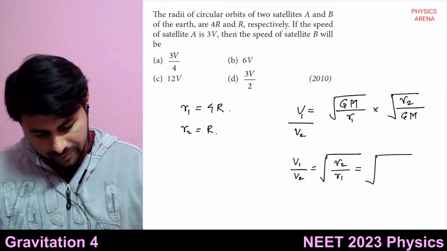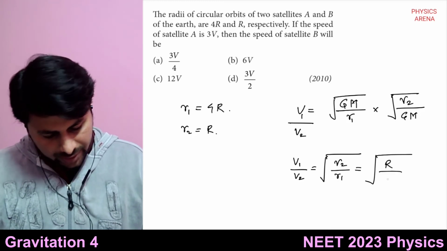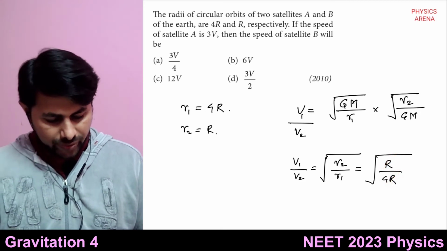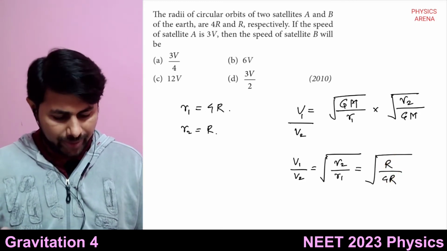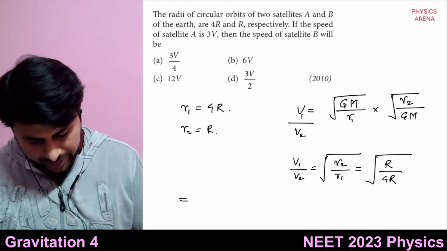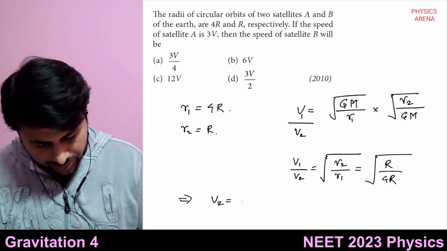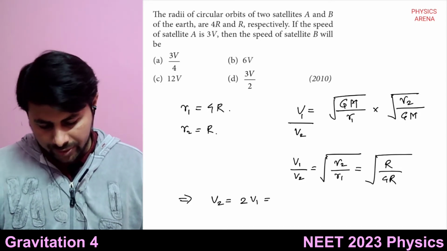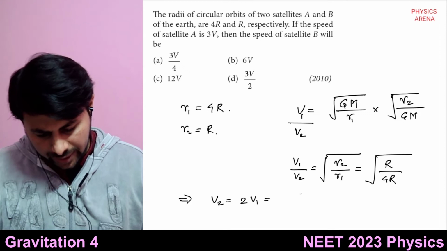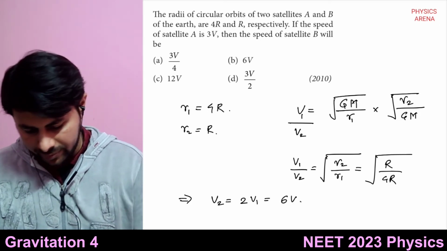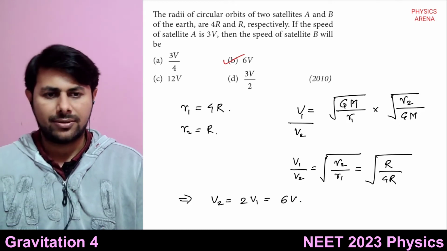That is r2 is r, r1 is 4r, r and r get cancelled. v1 upon v2 is the square root of 1 by 4, that is 1 by 2. That means v2 equals 2 times v1, and therefore since v1 is 3v, it is 6 times v. So option B is the answer.